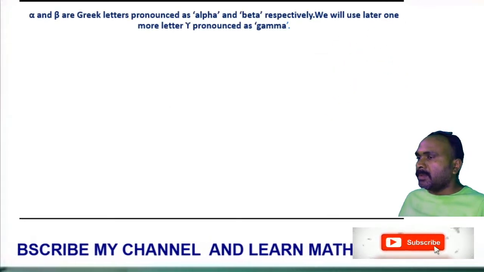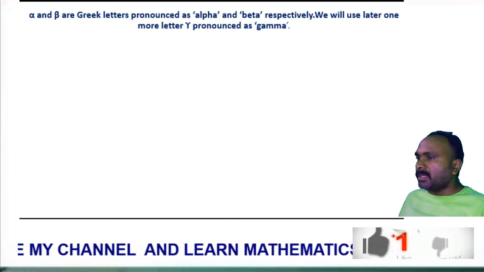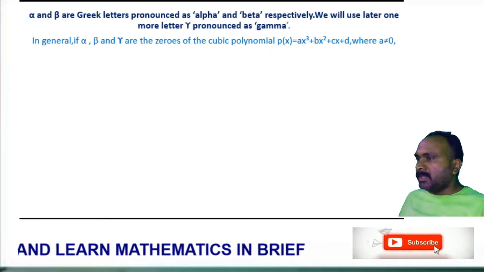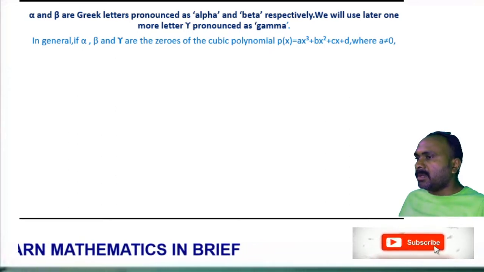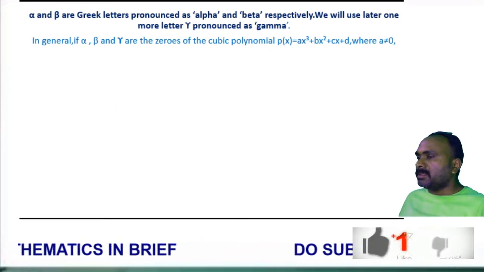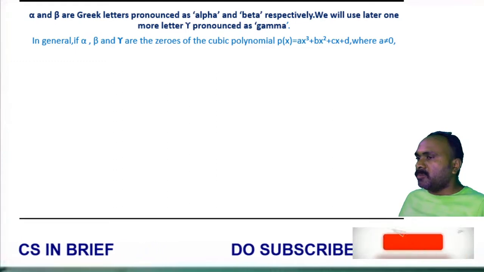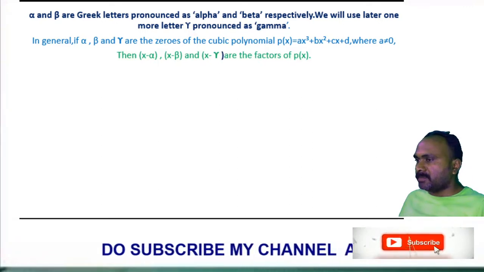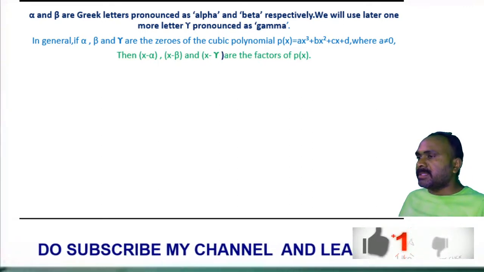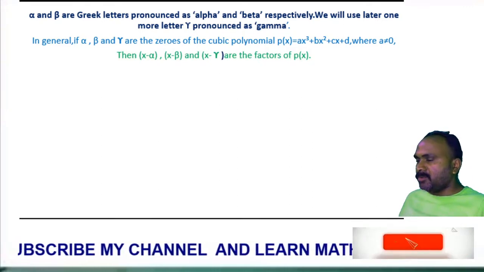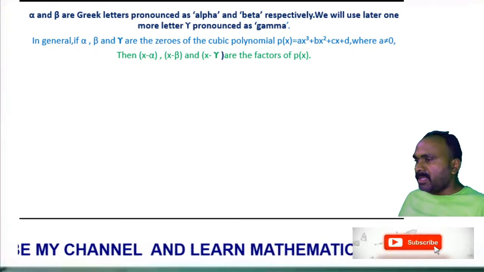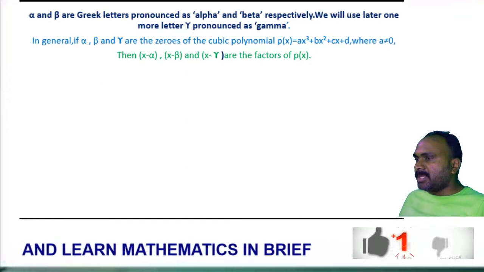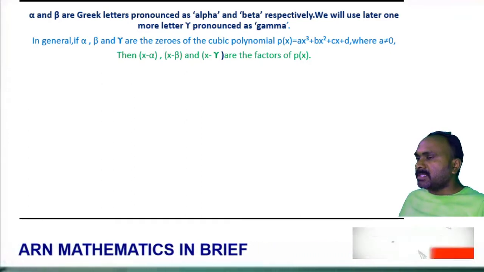Now alpha, beta and gamma. In general, if alpha, beta and gamma are the zeros of the cubic polynomial p of x equals ax cube plus bx square plus cx plus d, where a is not equal to 0, then x minus alpha is a factor, x minus beta is a factor, and x minus gamma is also a factor.